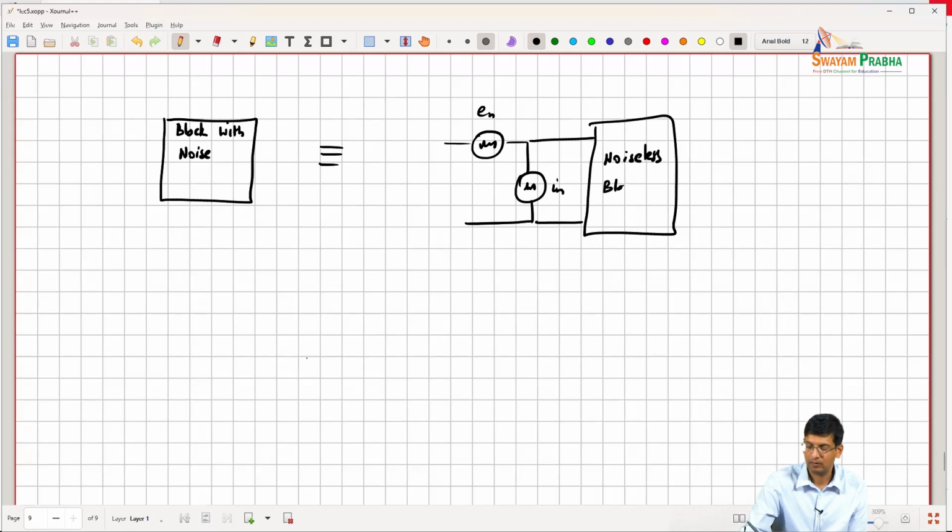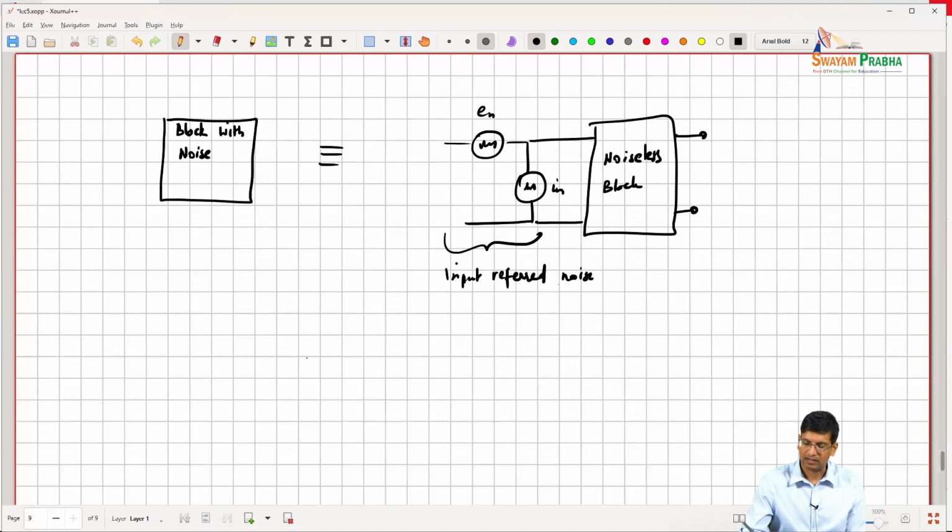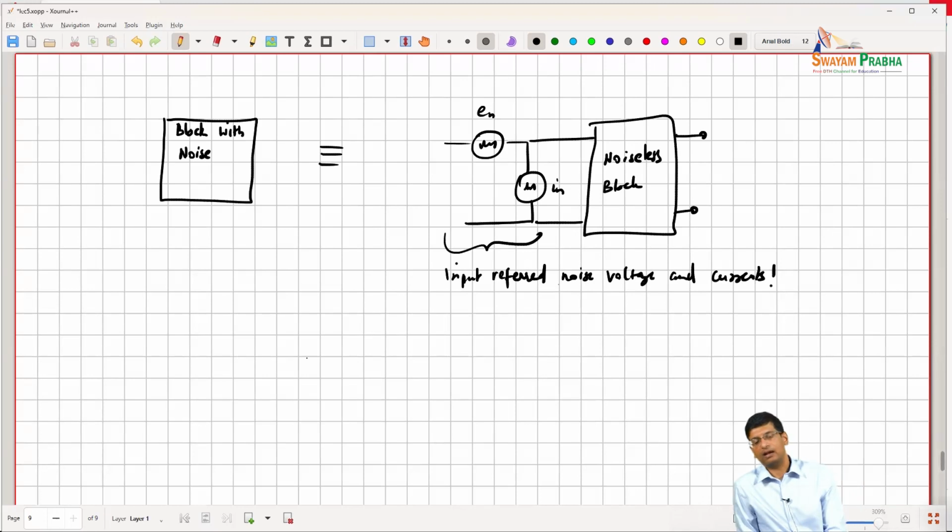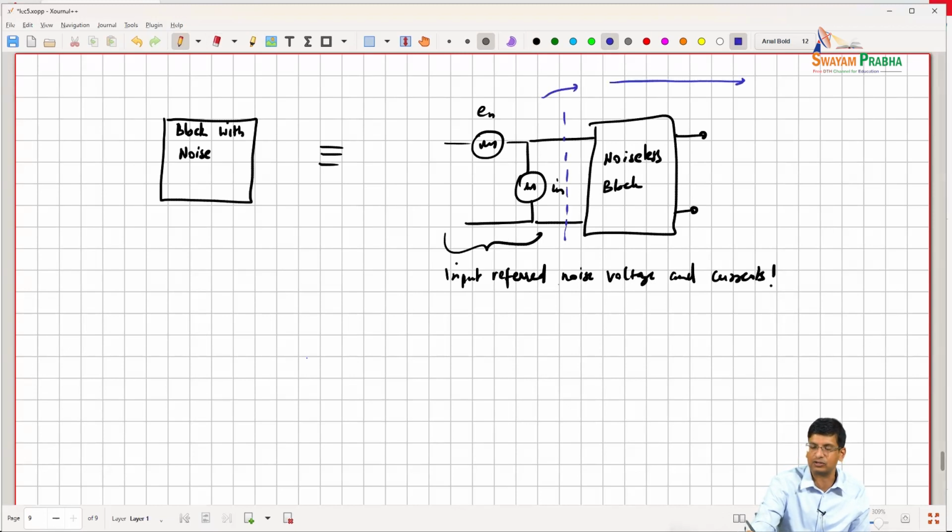If we are able to build these input referred noise voltages and currents, then analysis becomes very easy, and from a noise perspective, all we have to do is analyze the noise up to this plane, because beyond this plane, the SNR is not going to change.